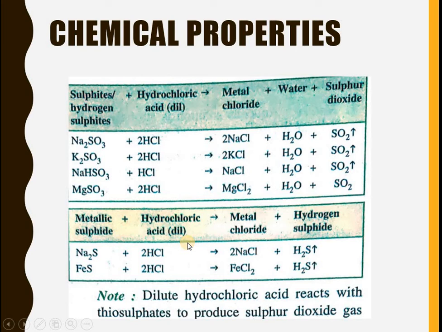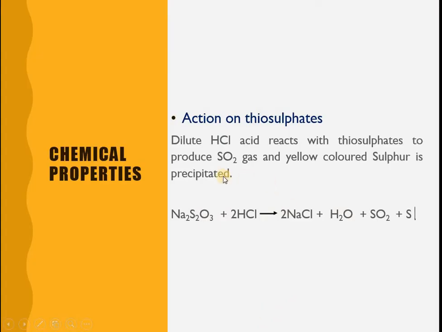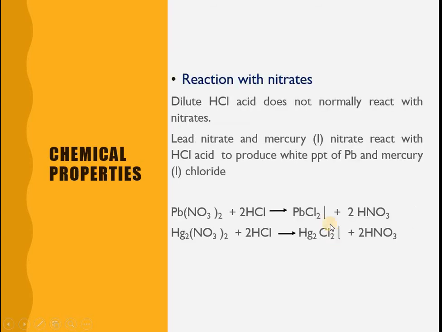Then metallic sulfide with hydrochloric acid gives off metallic chloride and hydrogen sulfide. Dilute hydrochloric acid reacts with thiosulfates to produce SO2 gas, as well as a yellow colored precipitate of sulfur. Then reaction with nitrates.